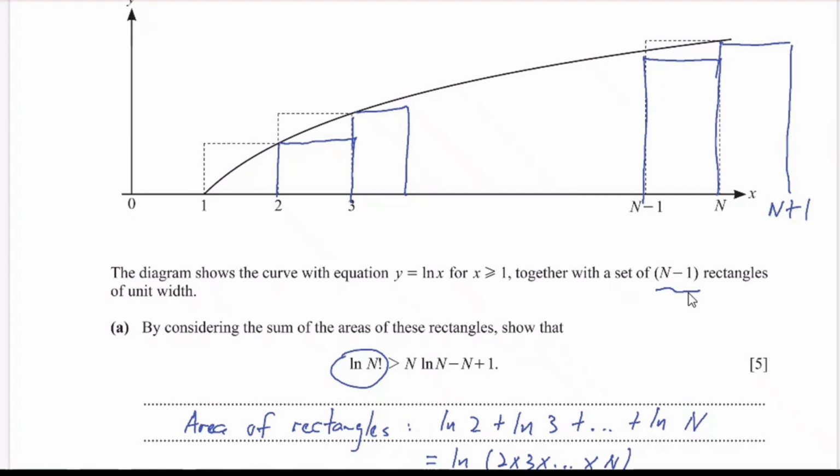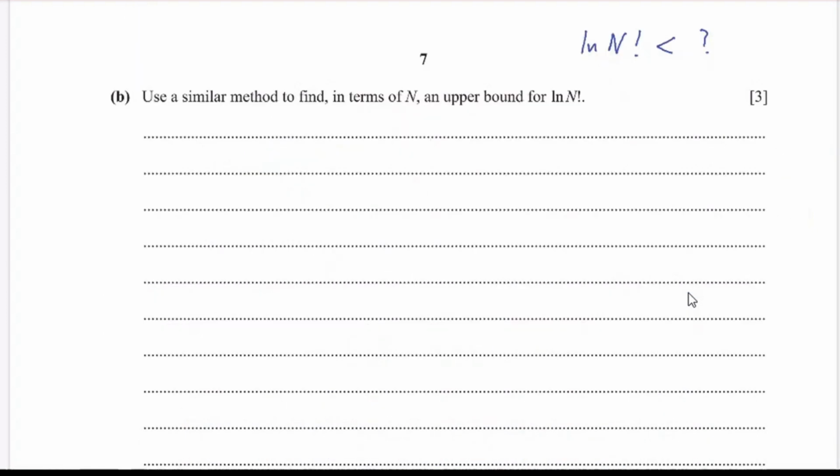The area under the curve that we're comparing now is from 2 to n plus 1. So to find the upper bound here, we need to integrate from 2 to n plus 1 of ln x. As usual, we can integrate.